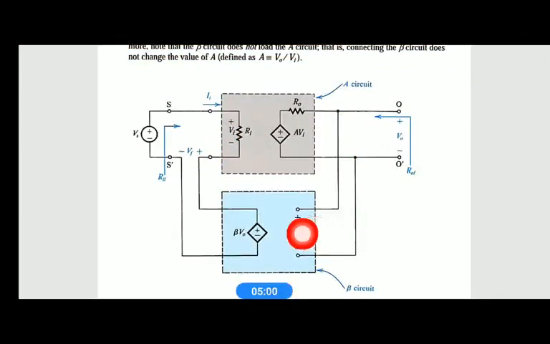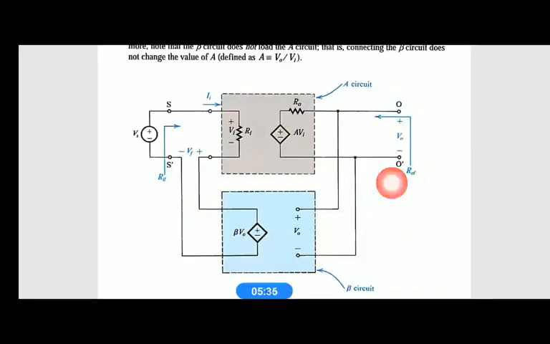When you connect this feedback network, the total circuit becomes a closed loop amplifier, whose input to be amplified is Vs. We are applying Vs between the points S and S dash, and we are getting the output for this whole feedback voltage amplifier between the points O and O dash.